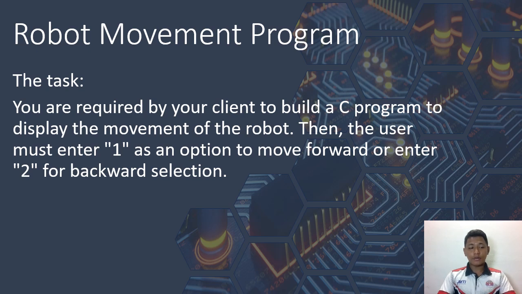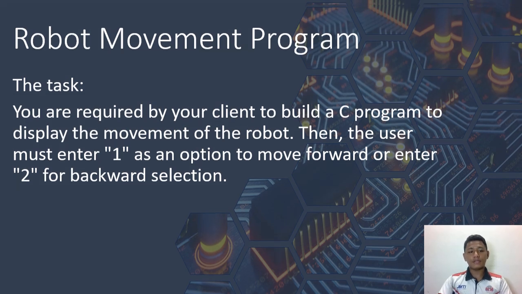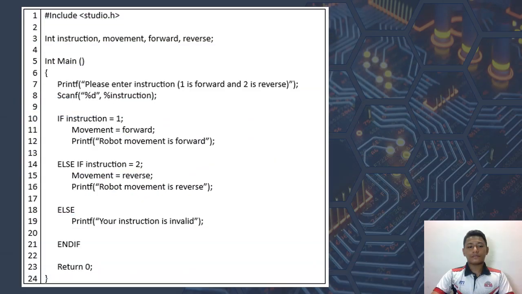I am also tasked to write a program in which a user will input 1 or 2. If it's 1, a robot will move forwards. Meanwhile, if it's 2, it will move backwards. So the program that I made declares the variable as a global variable, in which I will print first, please enter an instruction in which 1 is forward and 2 is reverse.